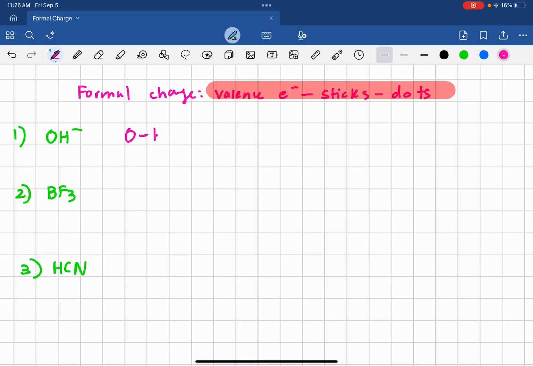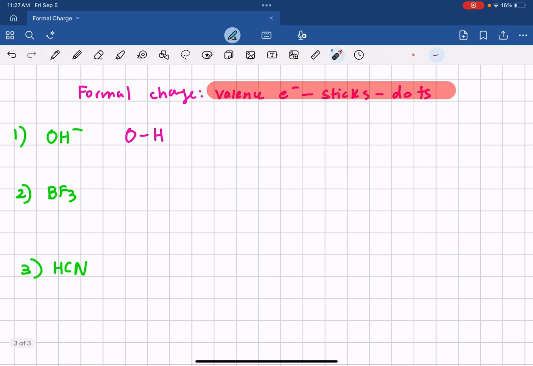Oxygen is connected to hydrogen. Let's calculate how many electrons it needs to complete an octet. 1, 2, 3, 4, 5, 6, 7, 8. So I'm going to fill out 6 electrons. Let's calculate it. Oxygen has 6 valence electrons.